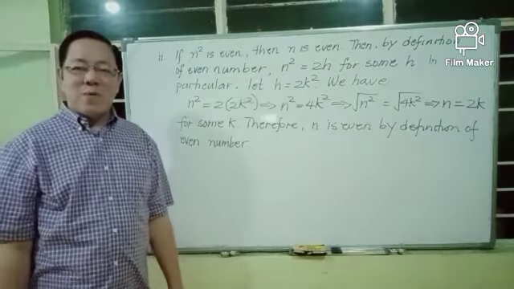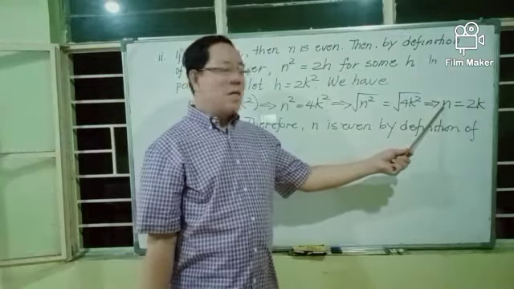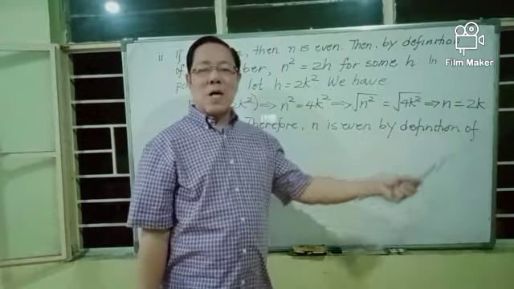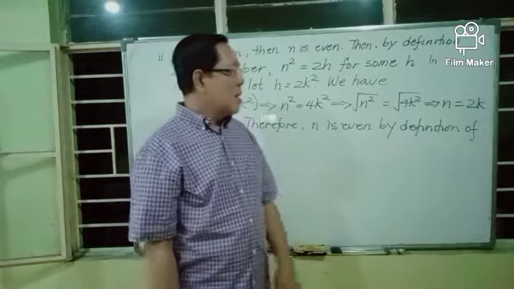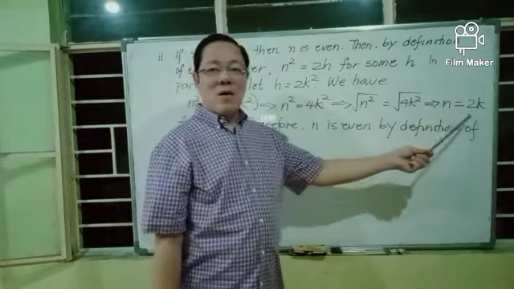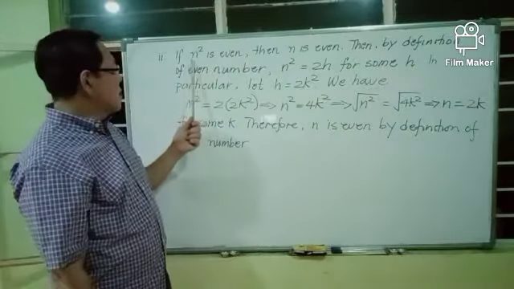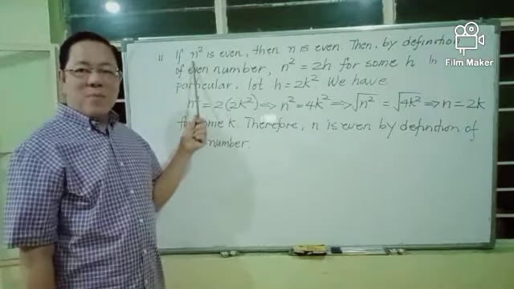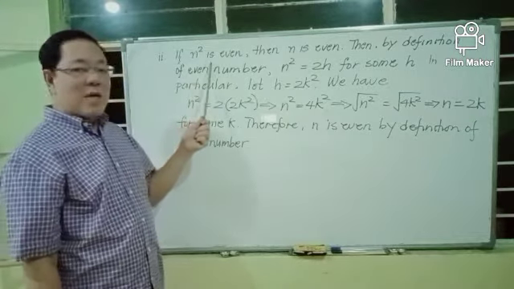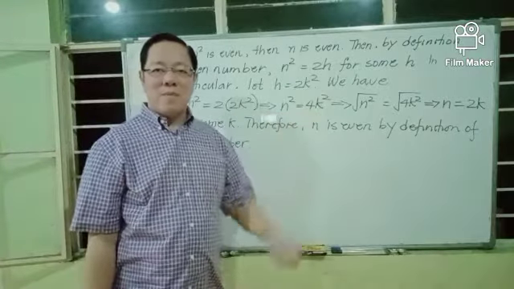In the definition of even number, the integer n is an even number if n can be written as 2 times some integer k. And we are able to write n as the product of 2 times k for some k. Therefore, in the second part of the proof, if n squared is even, we have shown that n is even.